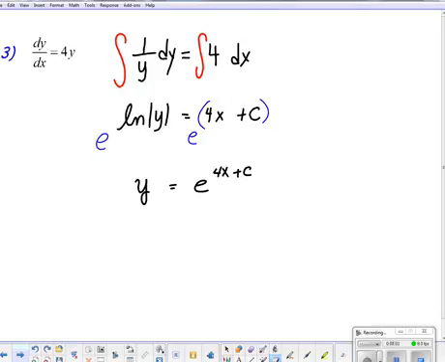Okay, this is a much prettier picture, but we can do one step better, and that is to think about the right side here, e to the 4x plus c. Well, if I had 2 to the x and 2 to the third, I would bring this together and say I have 2 to the x plus 3.